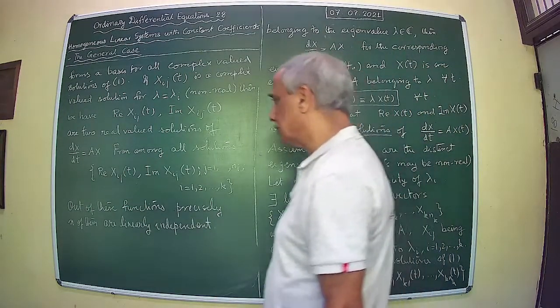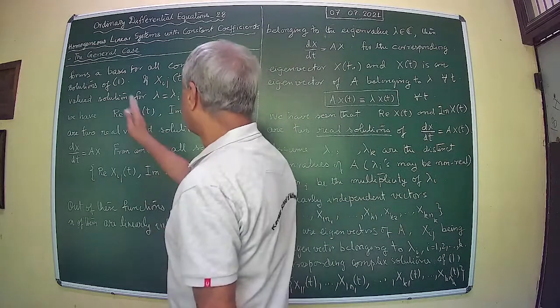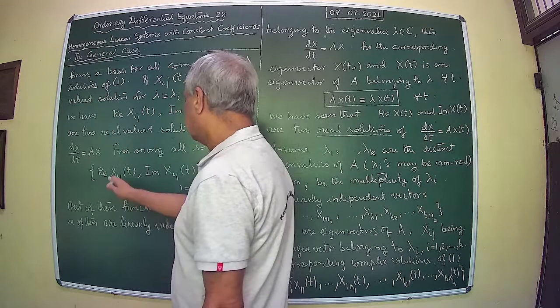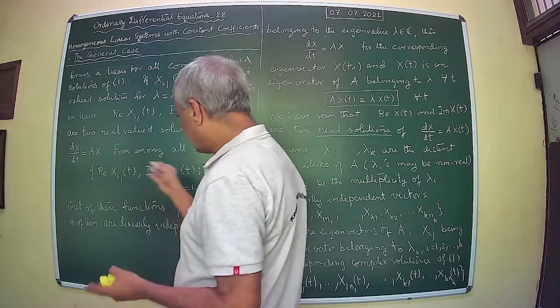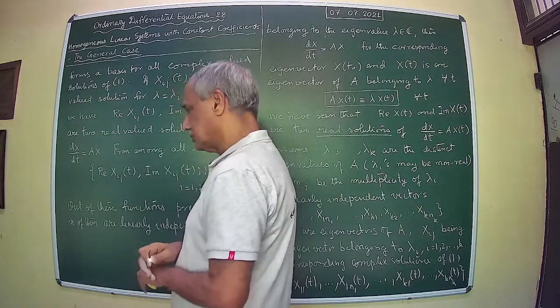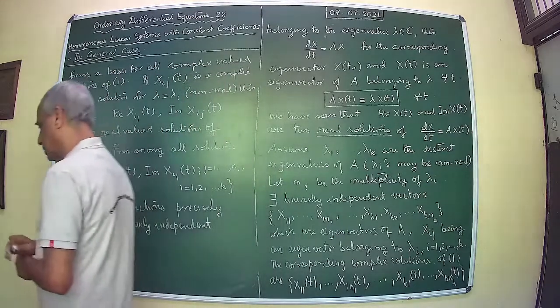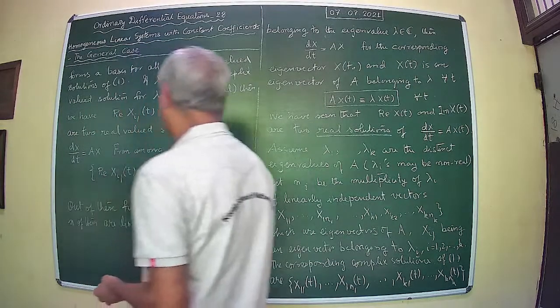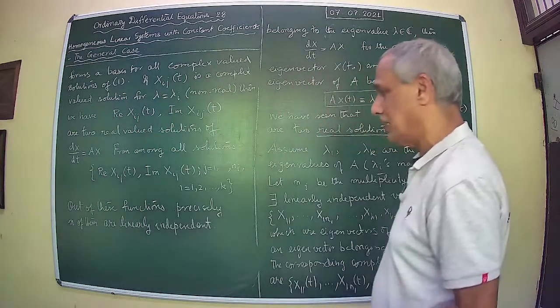Then every vector xij t naught can be written as a linear combination of those n minus 1 vectors.